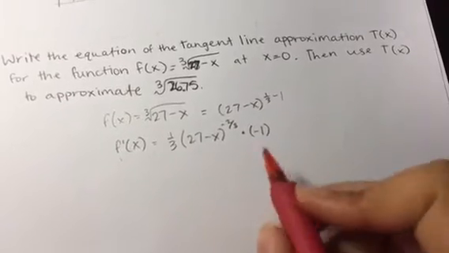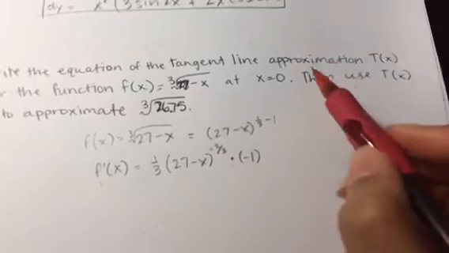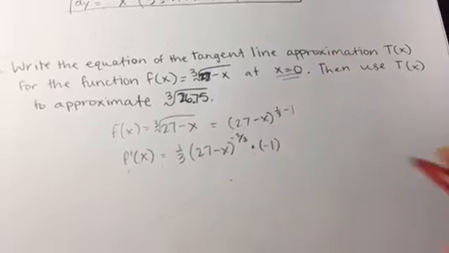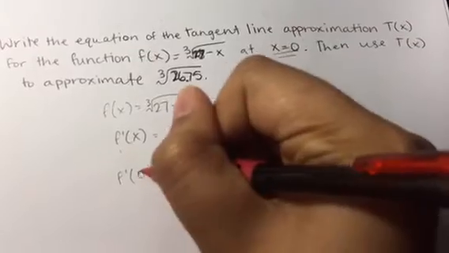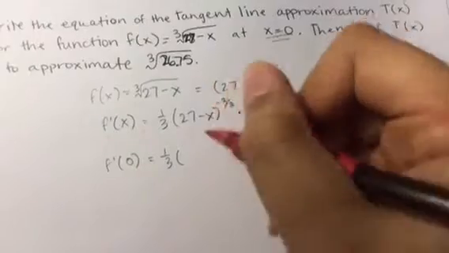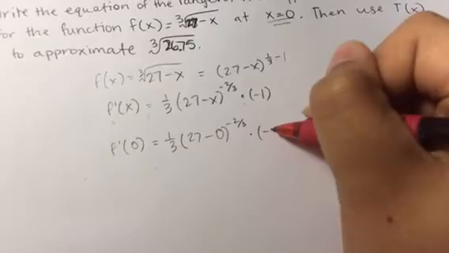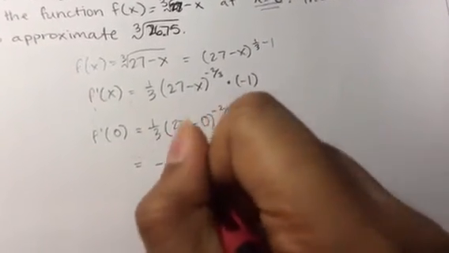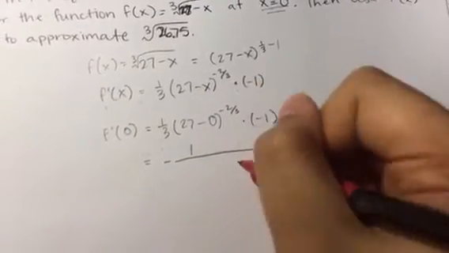From this part, you plug in the x value that is given, because you're trying to find the slope of the tangent line. So you plug in 0, because that's what they give you for x. Then you do 27 minus 0 to the negative 2/3 power, still multiplied by negative 1. When you break this down, it's negative 1, and since this is a negative 2/3 power, I'm going to bring it to the denominator.